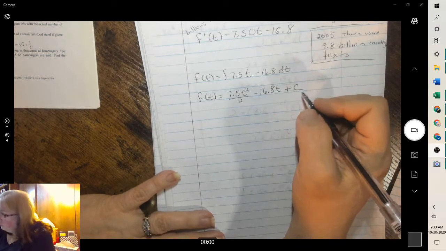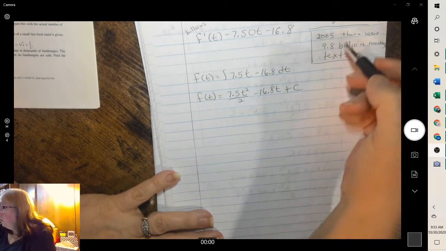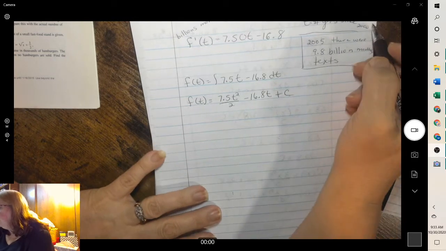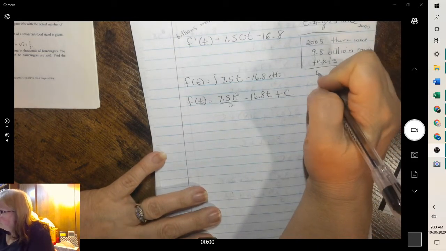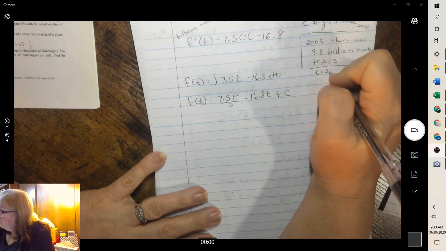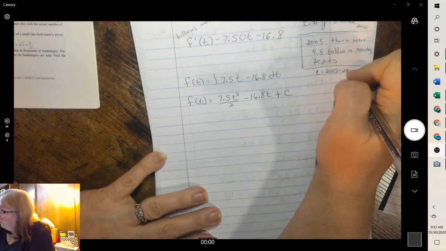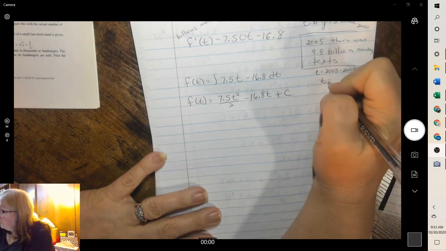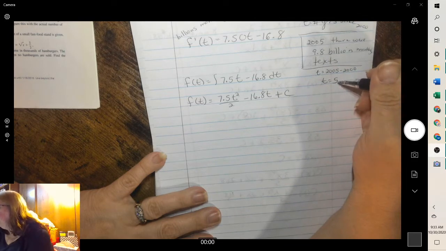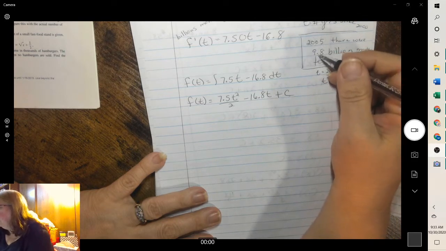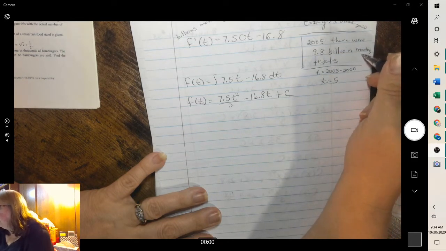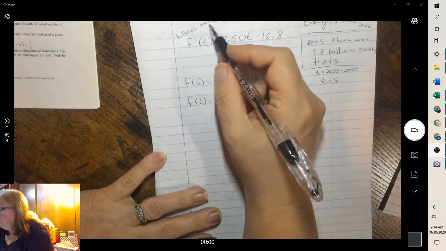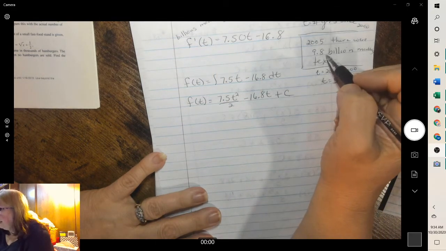And then we need to find C. Well, t is years since 2000. t would be 5. So when t is 5, our function is 9.8 billion monthly texts. Now it's in billions, so you're only putting 9.8 in.